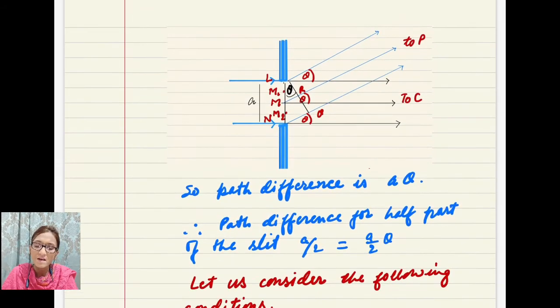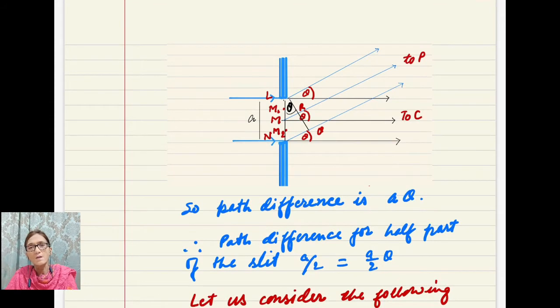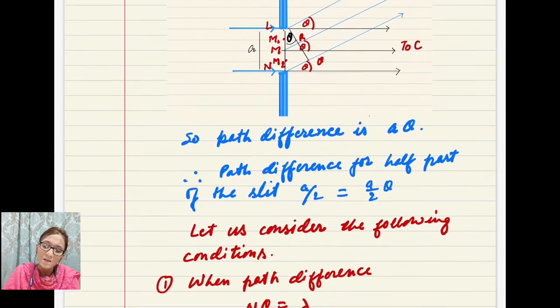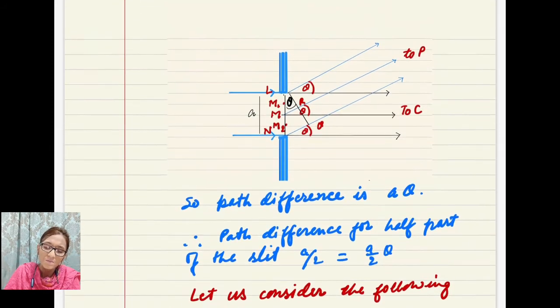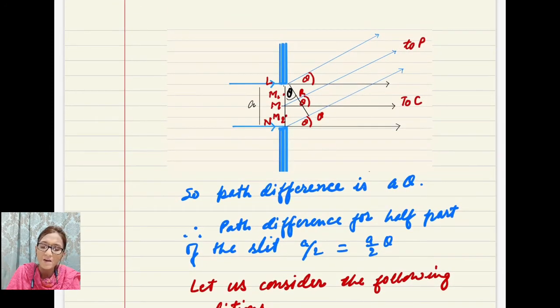Now let us find out the position of maxima and minima. At which path difference there will be maxima and at which path difference there will be minima. For that we will divide this aperture into two parts or an even number of parts: 2 parts, or 4 parts, or 6 parts.